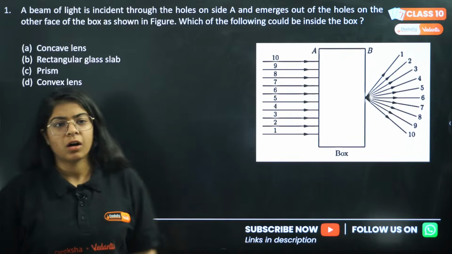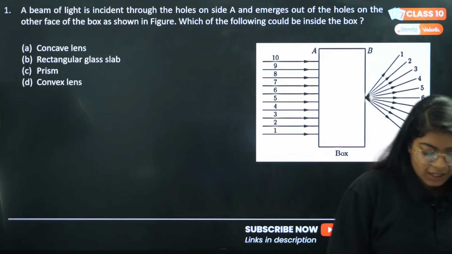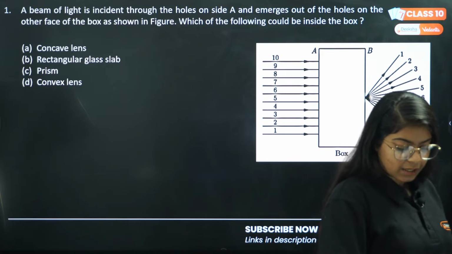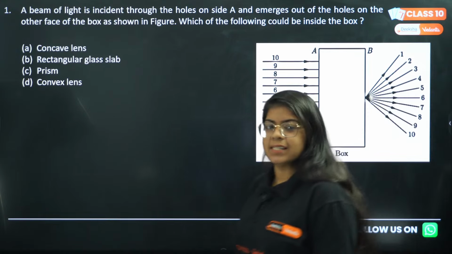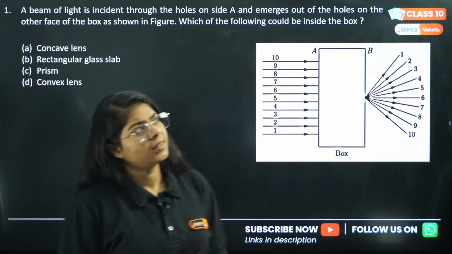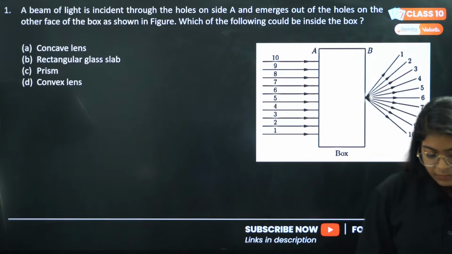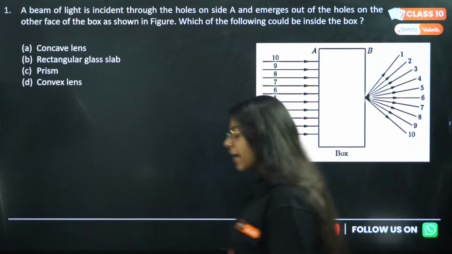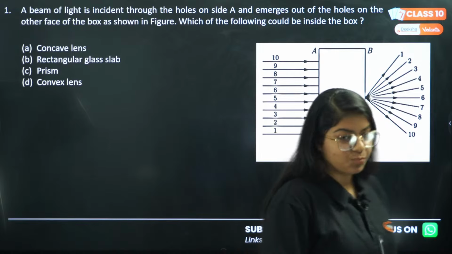Think again. I want you to think again. What lens is this? Concave lens diverges or converges, and what is happening inside this box?